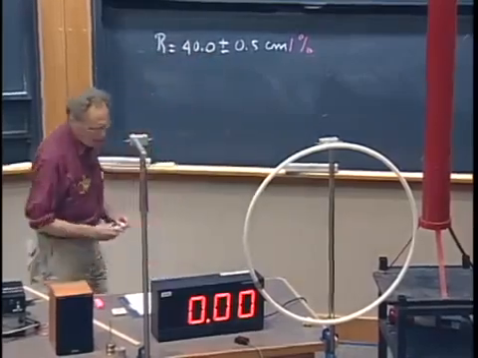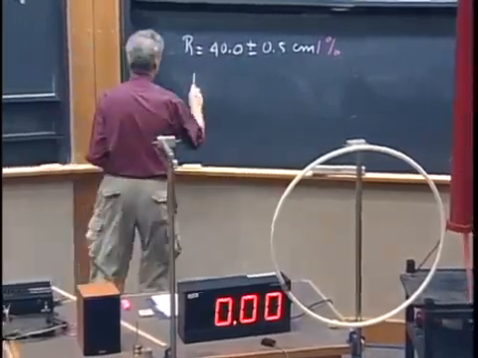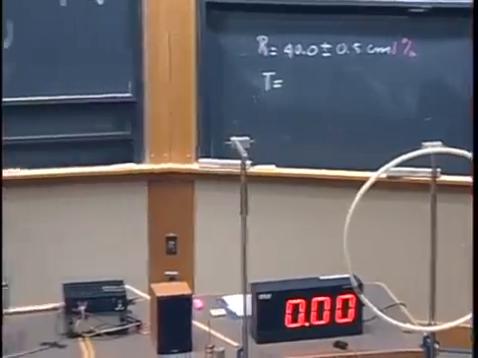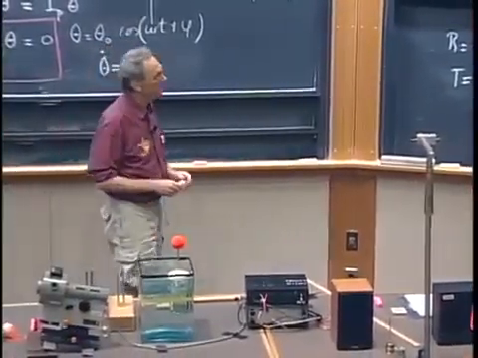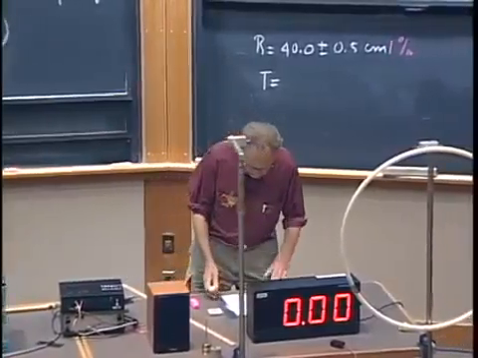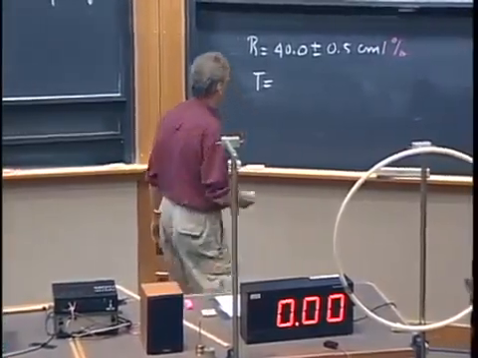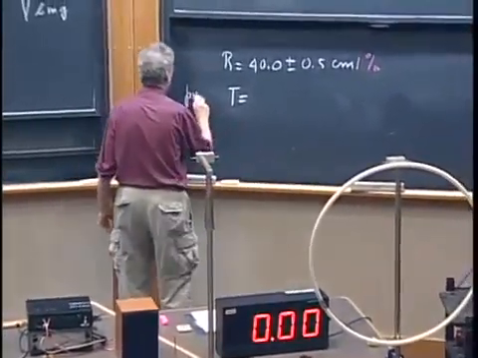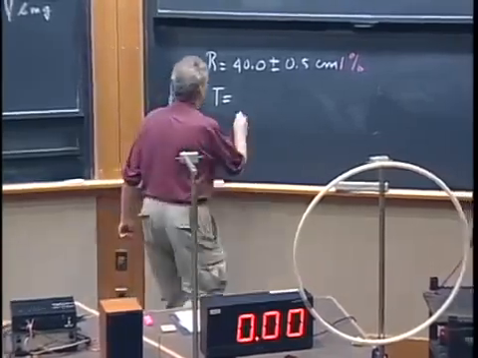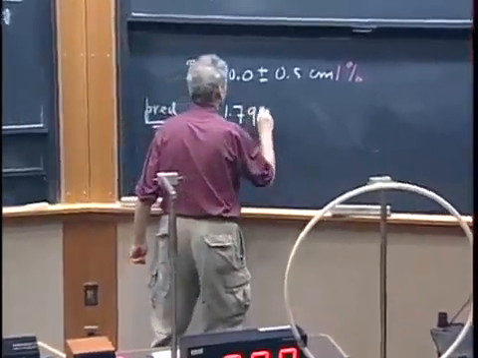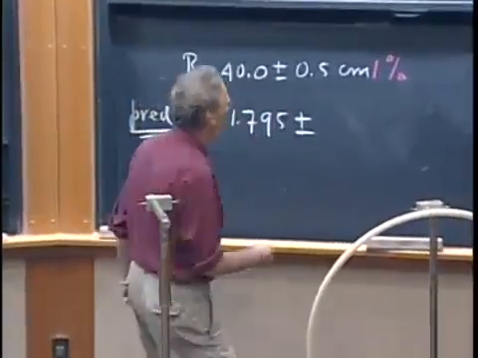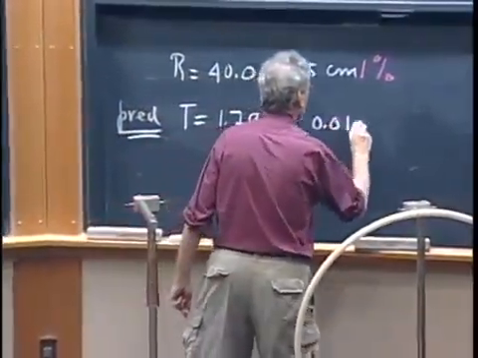And so we make a prediction now, T. We get the square root of r, so the 1% uncertainty becomes 0.5% because of the square root. You take 2r, you divide it by g, and you'll find that the prediction, this is a prediction, is that T is 1.795 plus or minus, that is your 0.5%, 0.01 seconds.